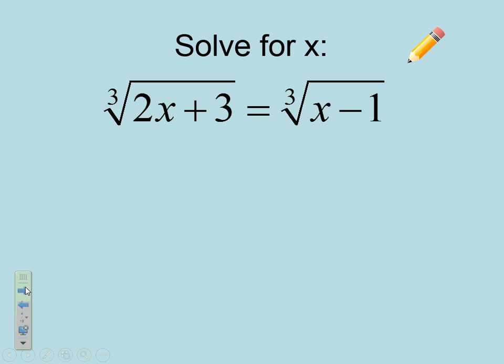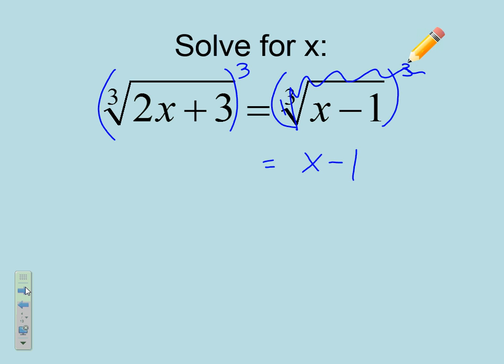Because both sides are in cube roots, to get at those x's, we first need to get rid of those cube roots, or undo that. So basically, we're going to take a third power to both sides. Cube both sides. By doing that, the cube root and cube cancel out, and I'd have x minus 1 and 2x plus 3.